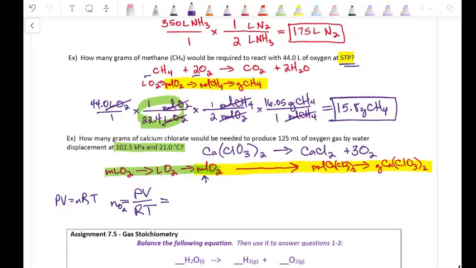We don't want to get confused and think that this equation is going to find us moles of calcium chlorate, because if the liters given to us is for oxygen gas, then the moles that we find from that will be for oxygen gas, not calcium chlorate. So go ahead and see if you can find the number of moles there. Pause the video and give it a shot. Oh, and I'm sorry, don't forget that if it's collected by water displacement, we have a little subtraction we have to do.